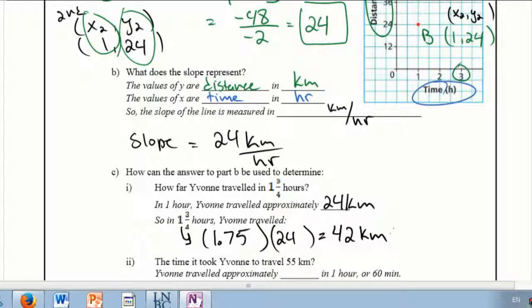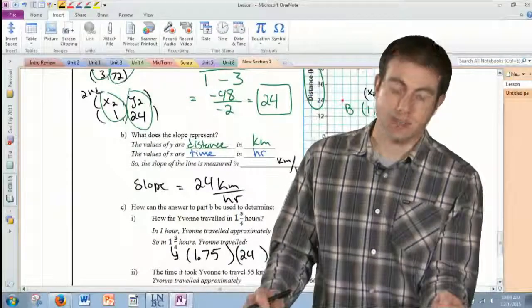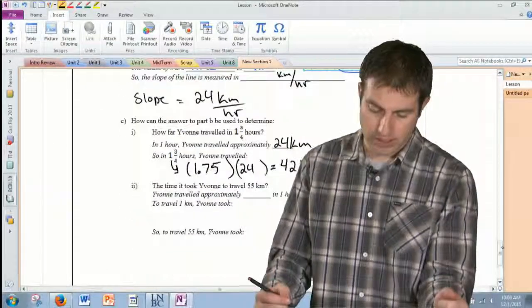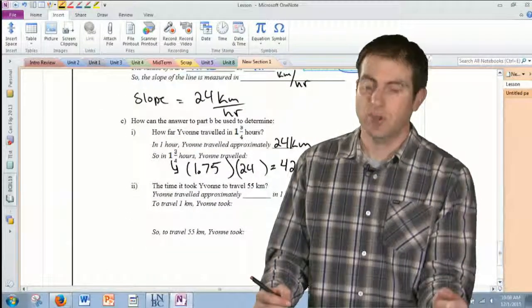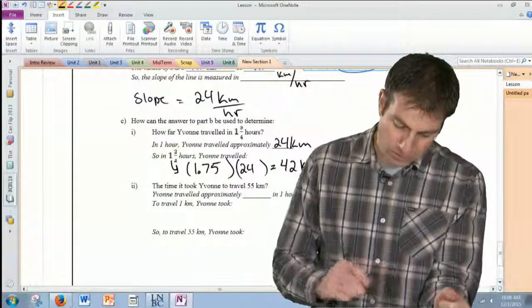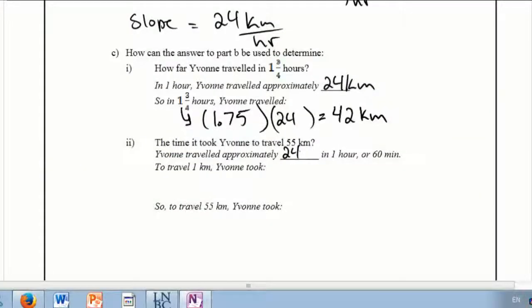We can do a backwards sort of calculation. If I said, hey, she's traveled 55 kilometers, how long did it take her? Could we work backwards? So we know she travels about 24 kilometers in 1 hour, or 60 minutes.